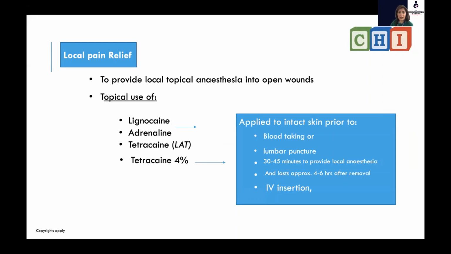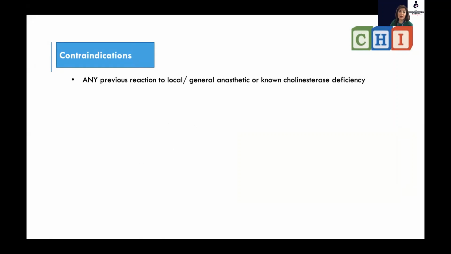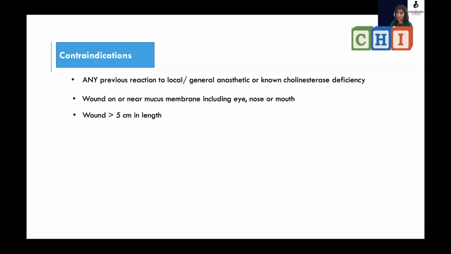There are contraindications to usage, like if the patient had a previous general anesthesia reaction or is known to have cholinesterase deficiency. If it involves mucous membranes like eyes, nose, mouth, avoid it. Don't use it. If the wound is more than 5 centimeters in length, we avoid them. If there is a concern about the viability of the tissue, so crush or flap wounds, we don't use them as well.